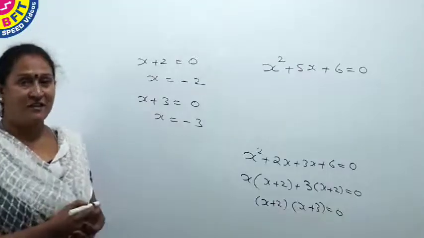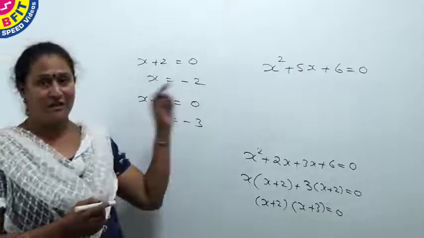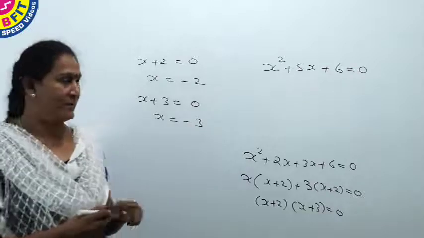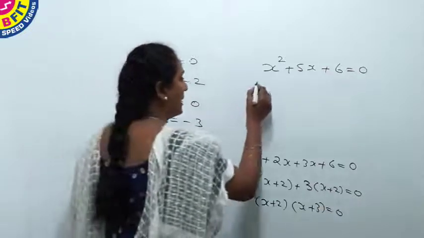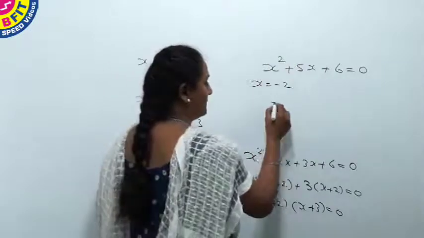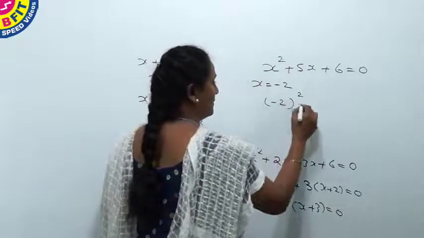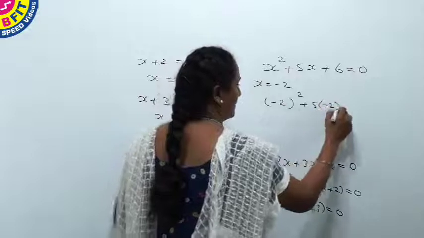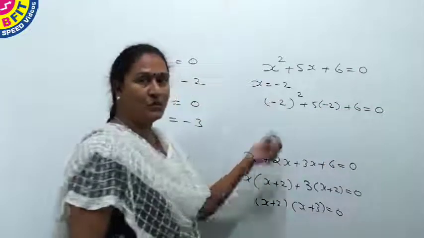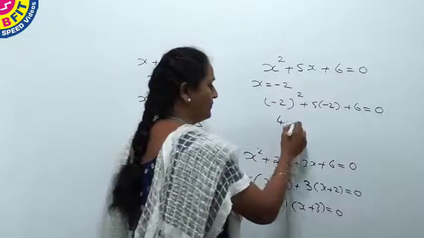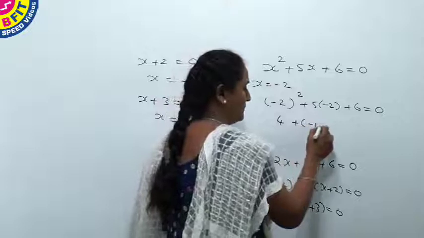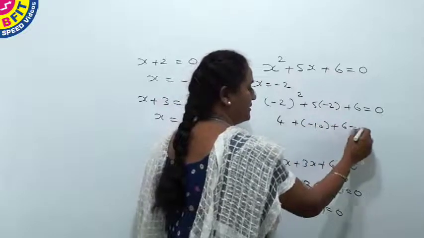Now we will see whether the solutions x equal to minus 2 and x equal to minus 3 satisfy this equation. Substituting x equal to minus 2 in the above equation, minus 2 the whole square is 4, plus 5 into minus 2 is minus 10, plus 6 equal to 0.